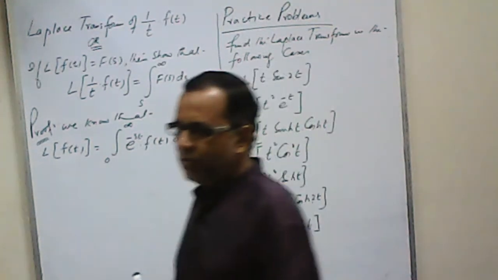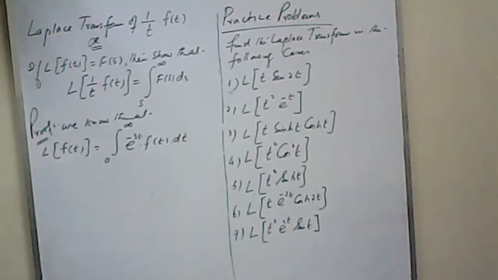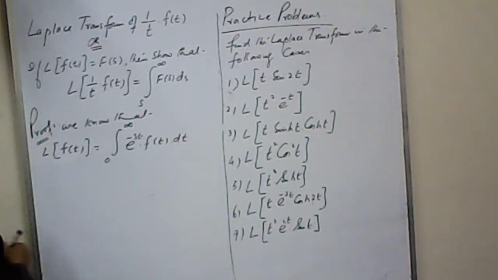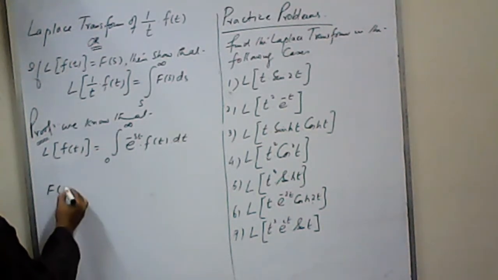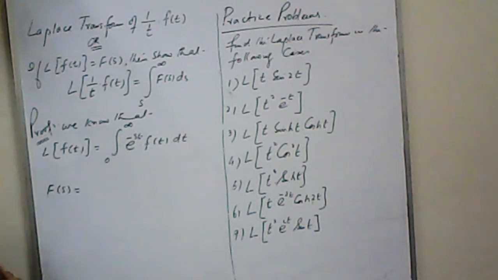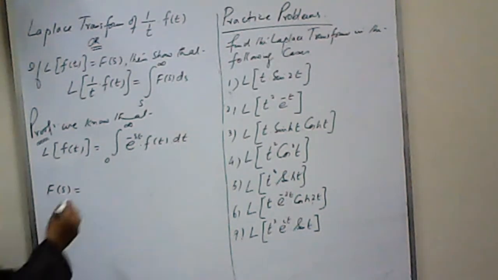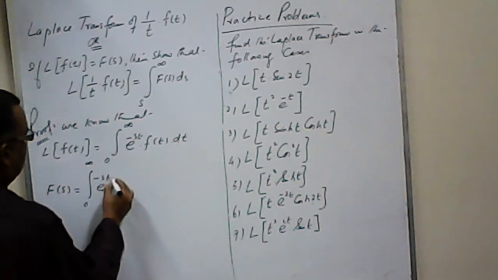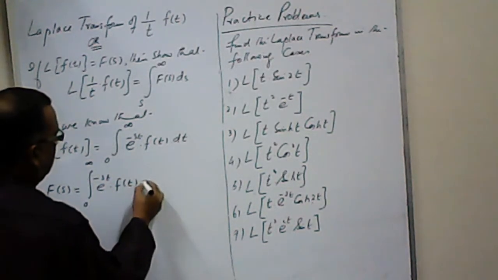This is the formula we are generally utilizing for the derivations. So now how am I proceeding in this case? Given is that Laplace of f of t is function of s. So on the left hand side I am using function of s in place of Laplace of f of t, and the right hand side will remain the same: 0 to infinity e power minus st function of t dt.